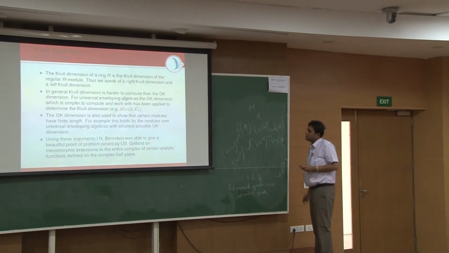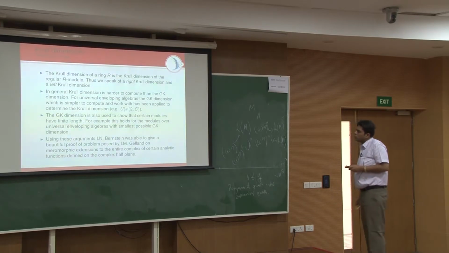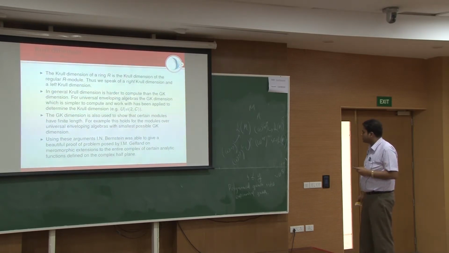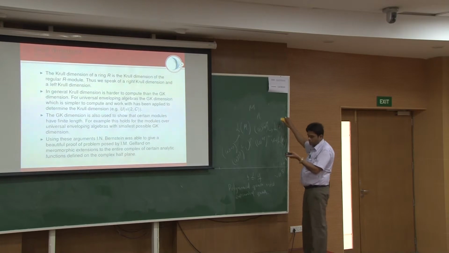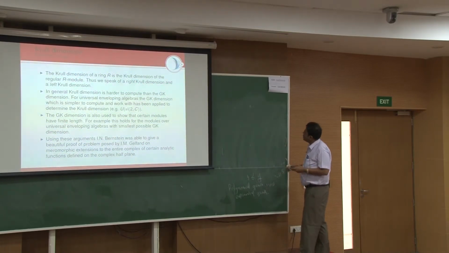I was talking about GK dimension of modules, Gelfand dimension. I just defined it, and now I want to give some examples and some further explanation before I discuss some important applications.